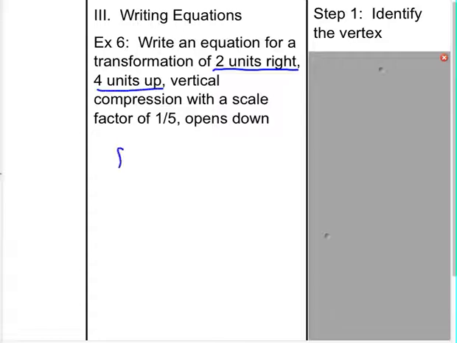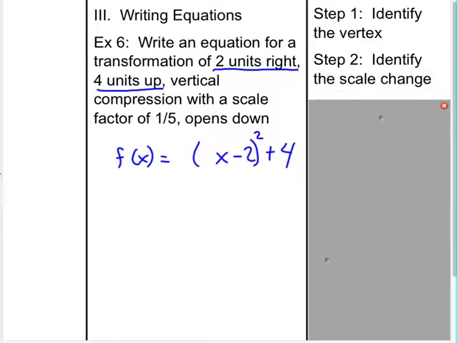So I'm going to start my equation with x to the right would be positive, but it's going in the parentheses. And 4 units up is outside the parentheses, so it's normal. I left a little room for the scale change because I haven't looked at that yet. So I've got my vertex and I put it into my equation.